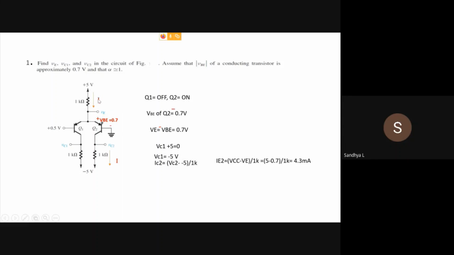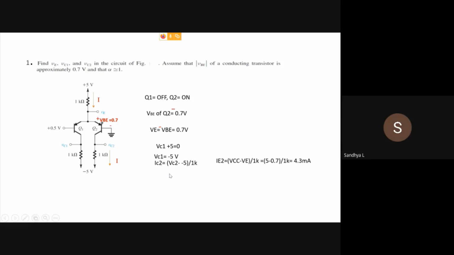What is IE2? That is 5 minus VE. VE is 0.7. So 5 minus 0.7 by this resistor 1K, so we get it as 4.3 milliampere. This same current is IC2, since alpha equal to 1.